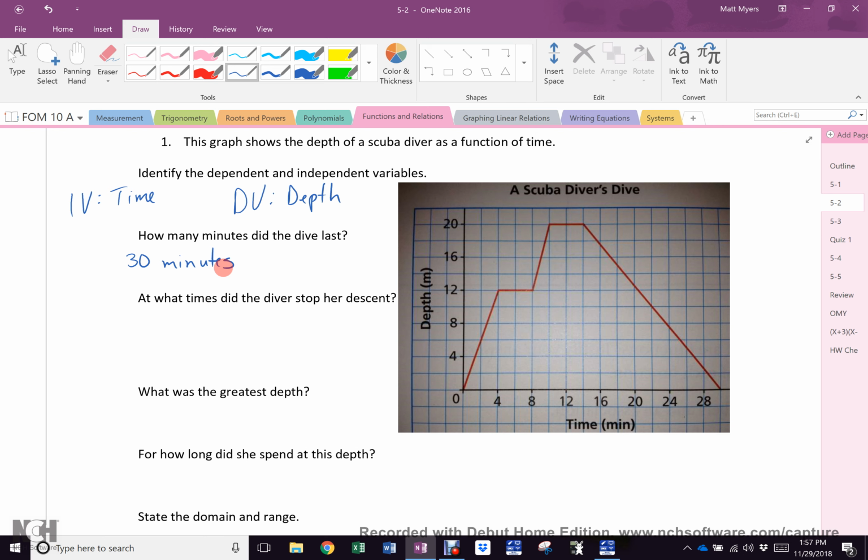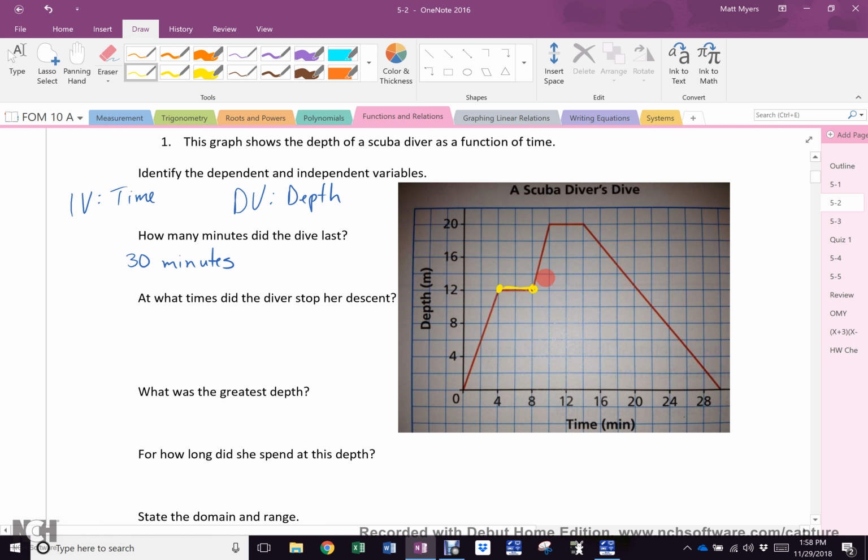Descent? Downwards. She stopped when? At 14 minutes? Right here? This is 14. She stopped there? No. I'm going to change to a better color that's easier to see on the gray. Where did she stop? At 10 minutes. She stopped at 4 minutes. Till when? 8 minutes.